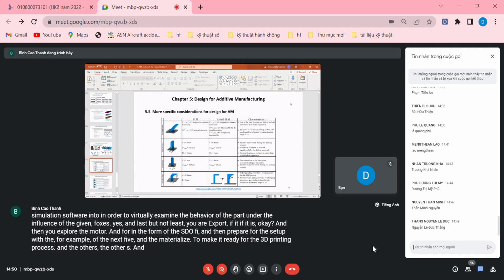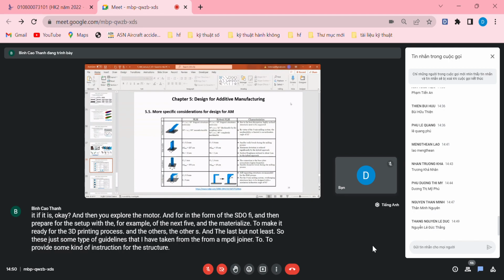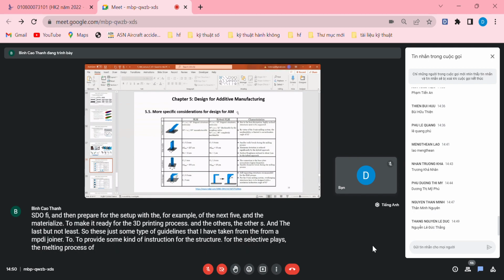And last but not least, these are some guidelines that I have taken from an MDPI journal to provide some instruction for the structure of the selective laser melting process, or hybrid selective laser melting, together with the characteristics that you should consider.